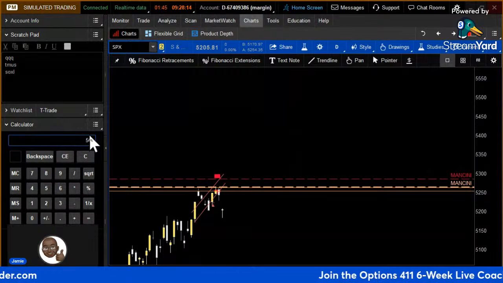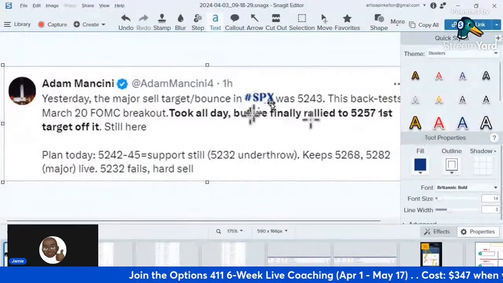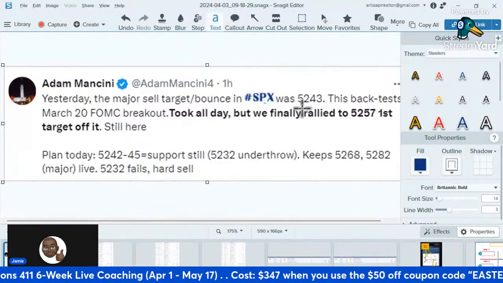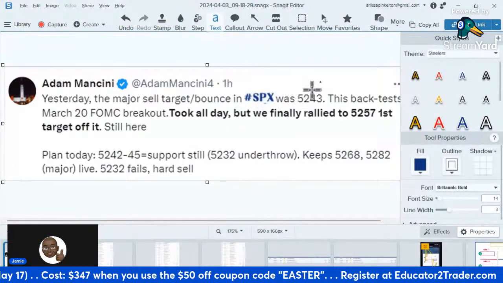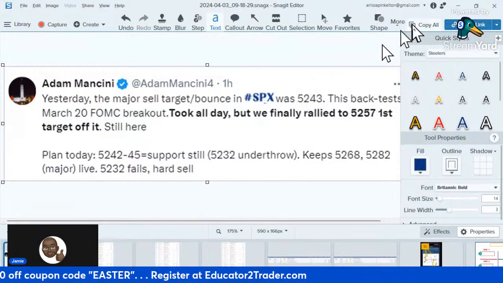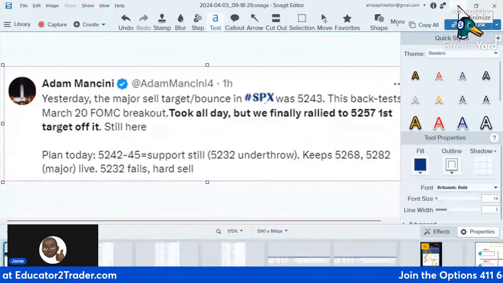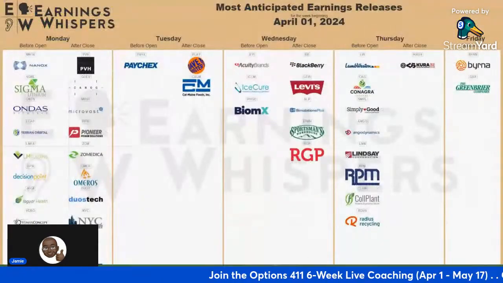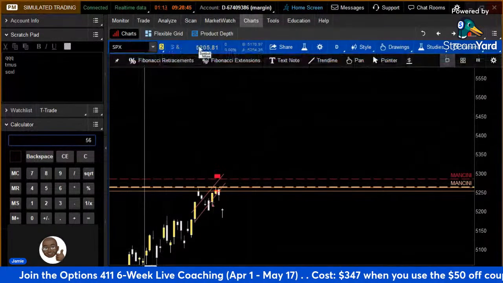Again, the numbers that Mancini gives us, we convert from ES, /ES is how I usually find it, to SPX by subtracting the difference between the closes. Yesterday one was 52.61, the other was 52.05.